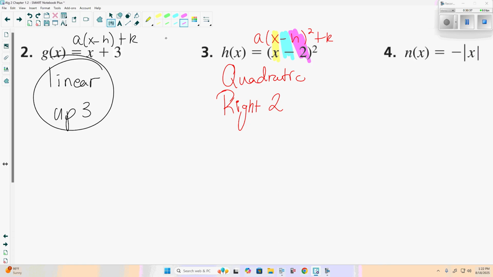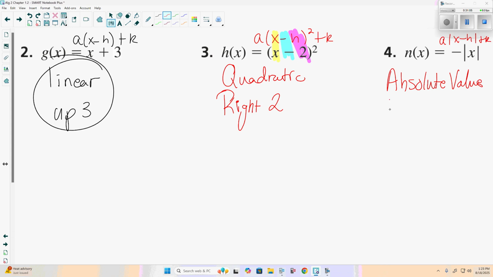Last one, negative absolute value of x. Well, this is absolute value, because, I mean, we just said it. Negative absolute value of x. The negative is taking the place of a.